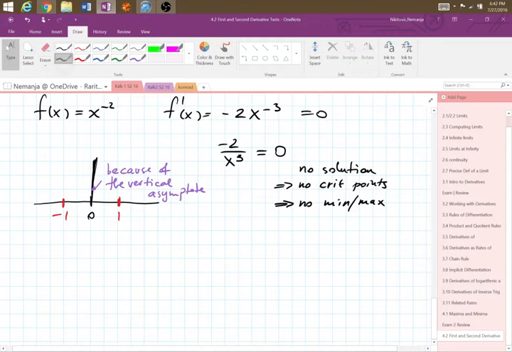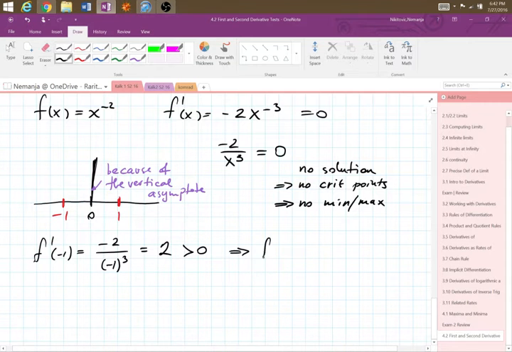So we have this particular setup now, and I'm going to test the f prime computed at -1. F prime was -2 divided by -1 cubed, which is +2, larger than 0, implies that the function is increasing.